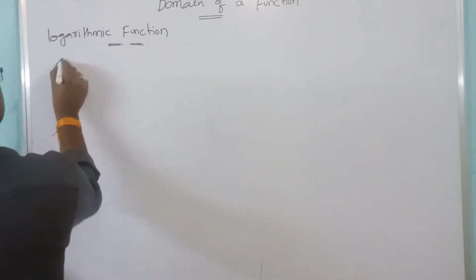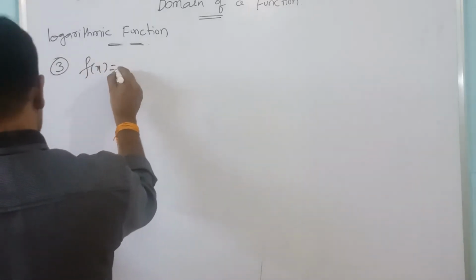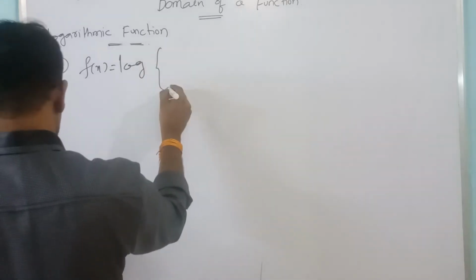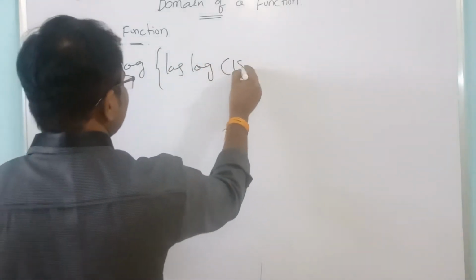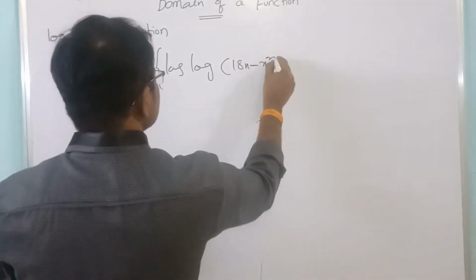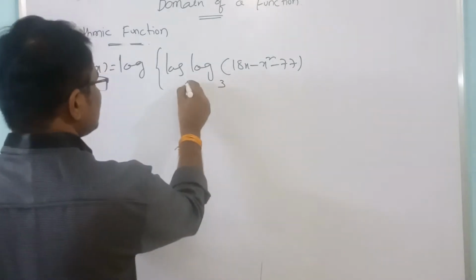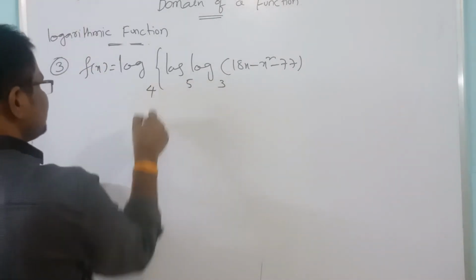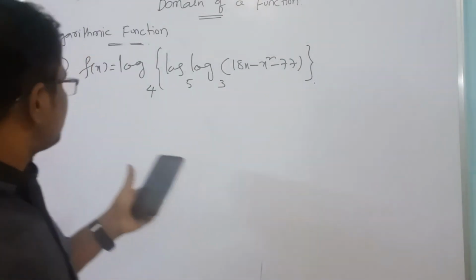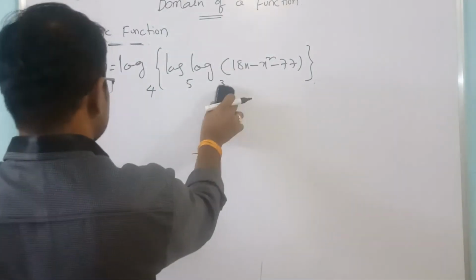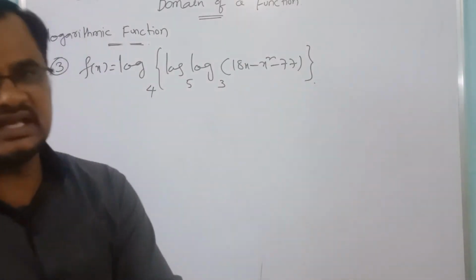Third problem. f of x equal to log of 18x minus x square minus 77, here to the base 3, to the base 5, to the base 4. So this is also like the previous problem only. Log here 3 5 4 of 18x minus x square minus 77.